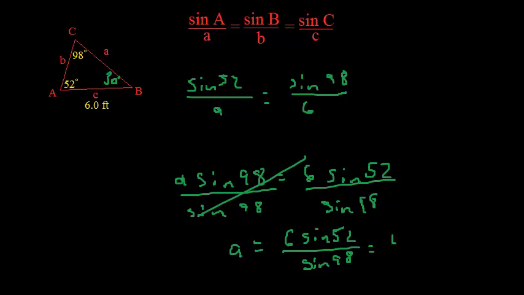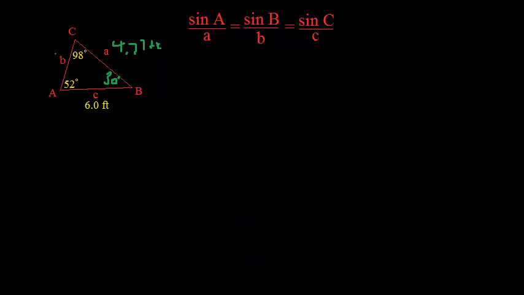This gives me about 4.77 in my units of feet. So side A is about 4.77 feet. Now I can again use my law of sines to find my one last remaining angle, B. So here, to find B, I can know that the sine of 30 degrees over B is equal to, and now that I have solved for one of the other sides, I could use the sine of A over 4.77.